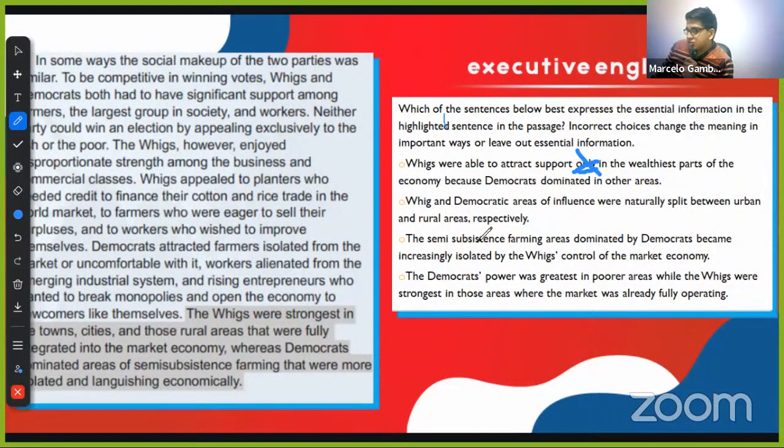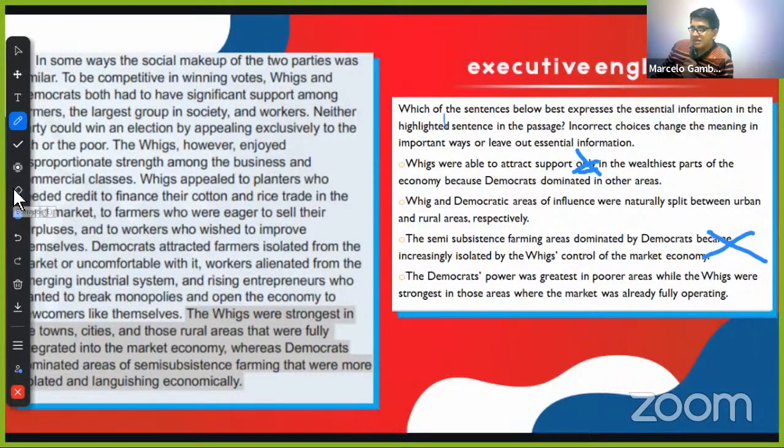The semi-subsistence farming areas dominated by Democrats became increasingly isolated by the Whigs' control of the market economy. This is completely wrong. They're not talking about this area being isolated. They're talking about support, who supports whom. So this is, of course, not true.